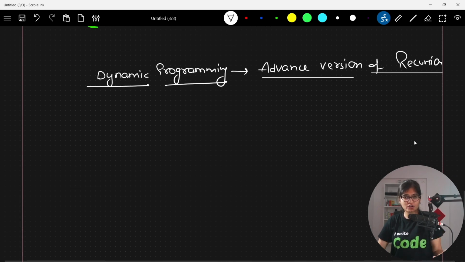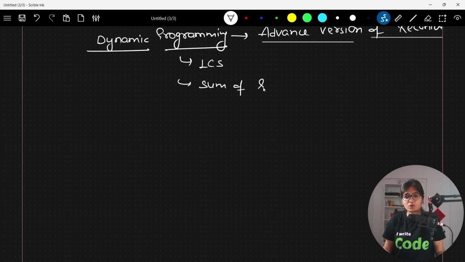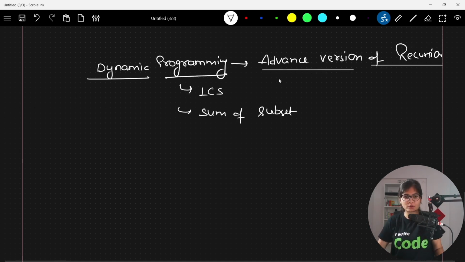Key questions are like longest common subsequence and subset sum problem. There are many problems where using divide and conquer you might face a TLE, time limit exceeded, and those issues are resolved using dynamic programming. That's where DP comes into the picture.